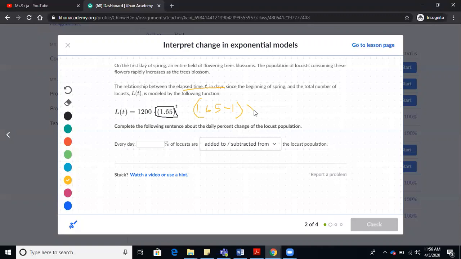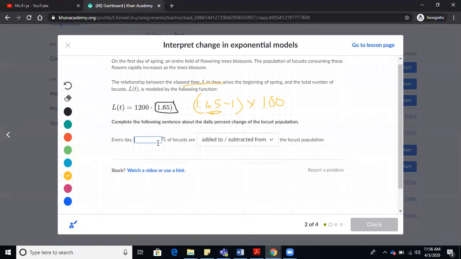Basically, it's really simple. 1.65 minus 1 just leaves me with 0.65. And then I just have to know what that is as a percent, which is 0.65 times 100, that's 65%. So I know it's growing by 65%. And since this is greater than 1, it's growing, so I'm going to put added to, okay?